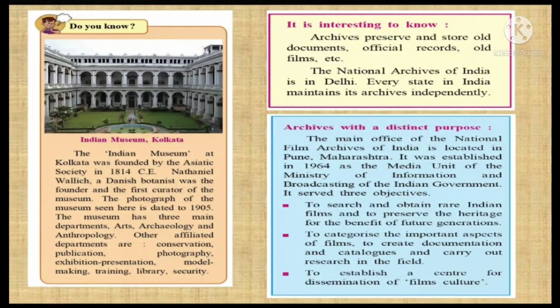So the last is to establish center for dissemination of film culture. Now, what does dissemination mean? Spreading of film culture so that they can make other people aware and make more curious so that they can also come and learn about film culture.